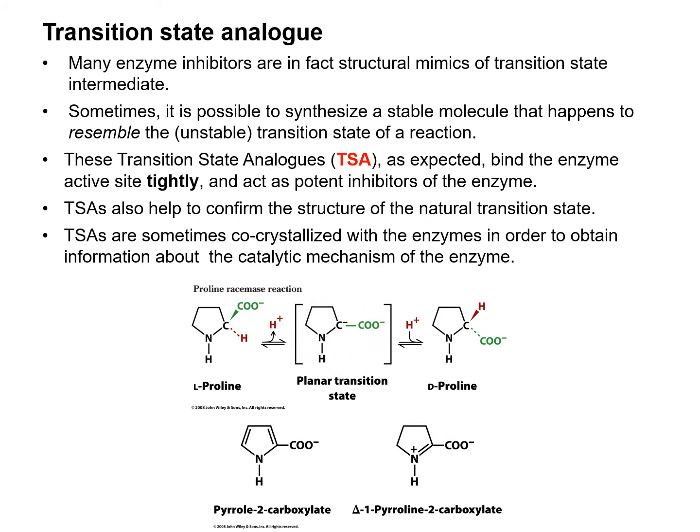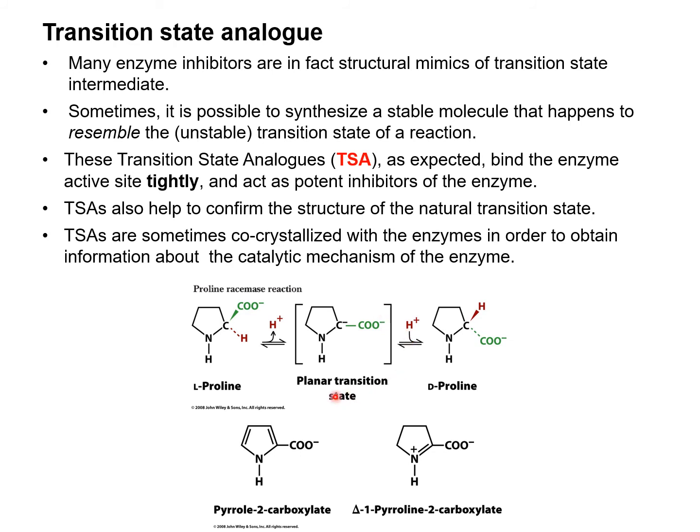And these transition state analogs, or the TSA, as we expect, bind to the enzyme's active site really tightly, because enzymes are optimized for binding the intermediate substrate. And so they can act as potent inhibitors of the enzyme. And these transition state analogs also can help confirm the structure of the natural transition state.